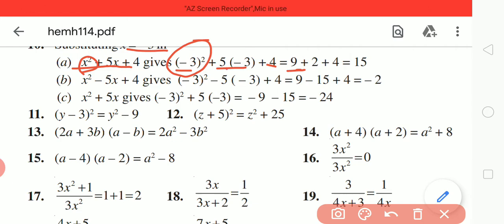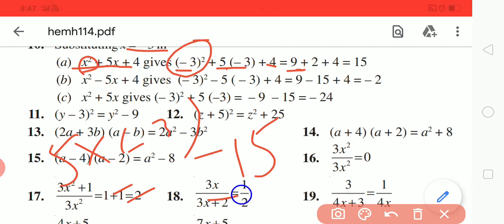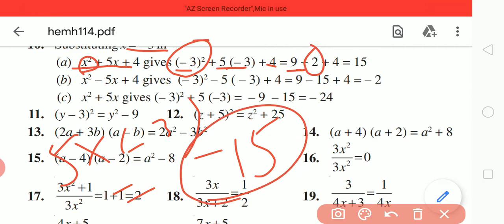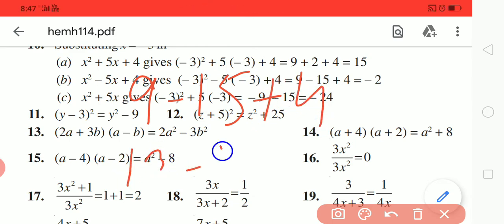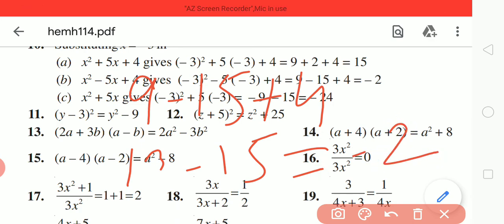But when you multiply 5 with minus 3, you must have 5 threes are 15, and plus into minus is minus. So minus 15 must be there instead of positive. So this is the error. You will circle it and write the correct form as 9 minus 15 plus 4, that is equal to 13 minus 15, that is equal to minus 2. So this is the correct form you will write. Circle it and write the correct form.